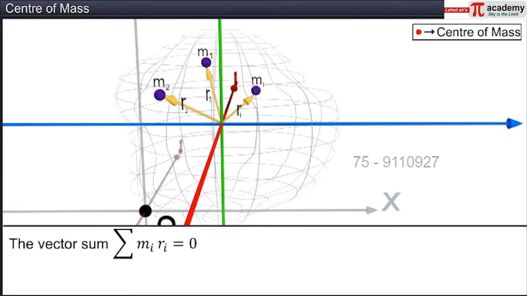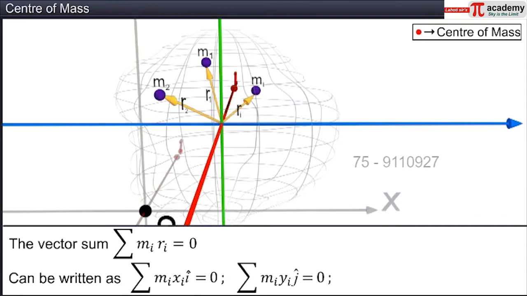This equation can be split into three equations. Sigma mi xi i is equal to 0. Sigma mi yi j is equal to 0. And sigma mi zi k is equal to 0.